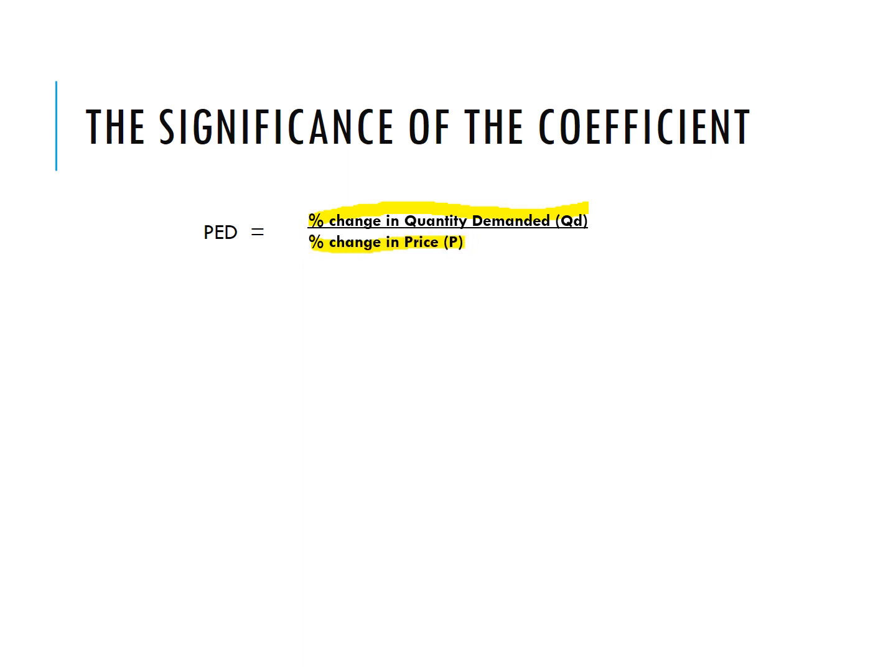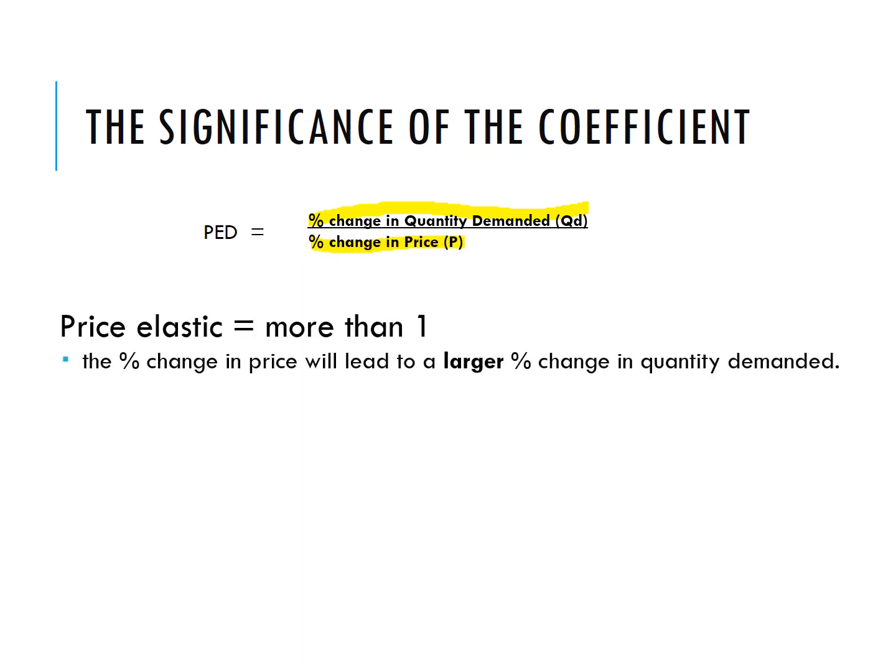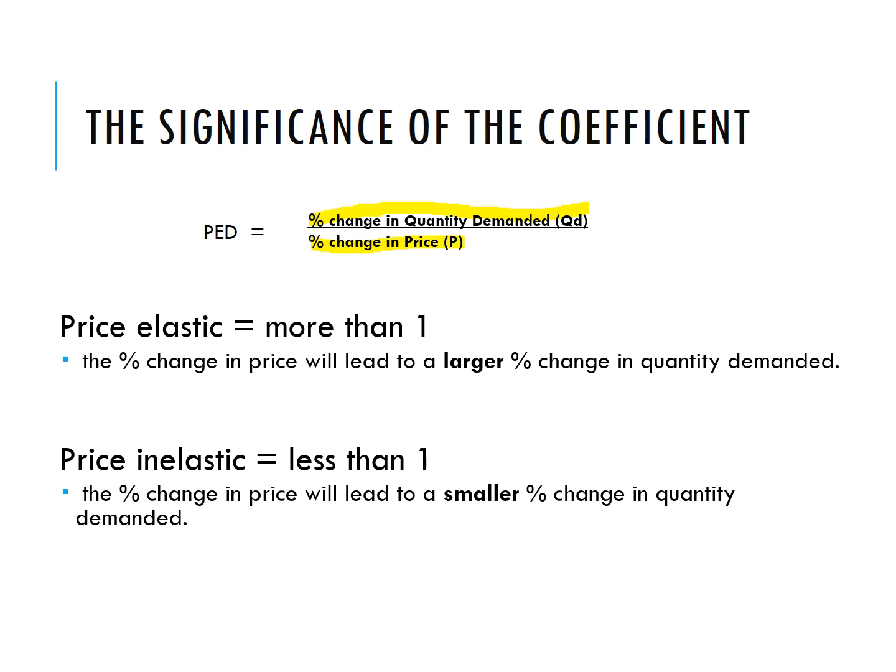So 1 is an important number here because if it's more than 1, the change in price will lead to quite a large change in quantity demanded. And we would describe that as being an elastic response. The product is very price elastic, boing, very stretchy, a large change in demand. If the answer we get is less than 1, so 0.5 or 0.7, then the percentage change in price is going to lead to a smaller percentage change in quantity demanded.